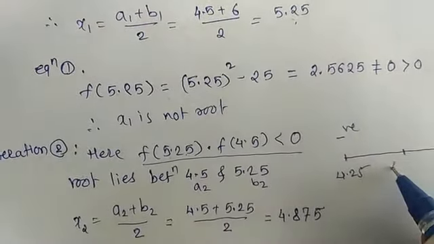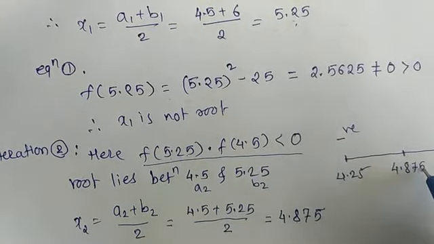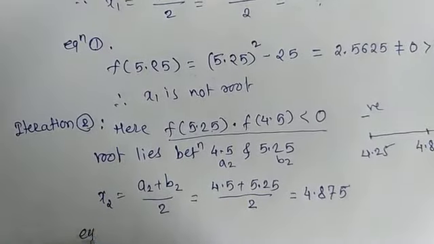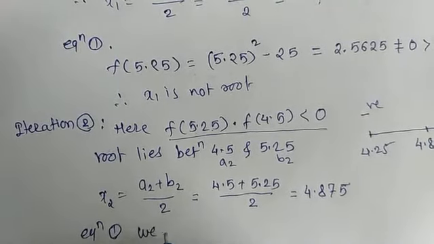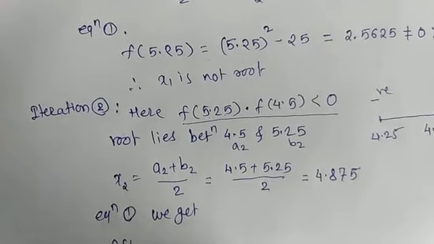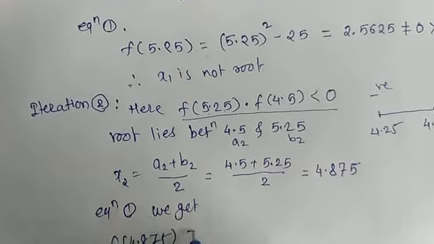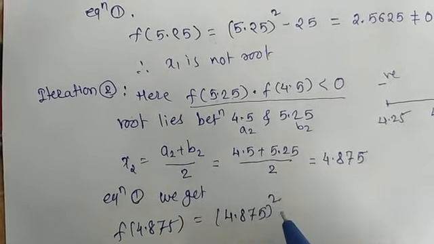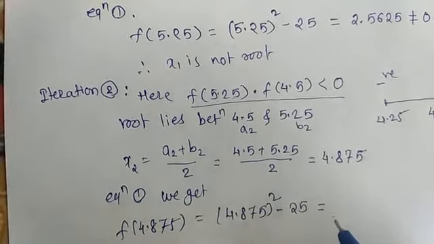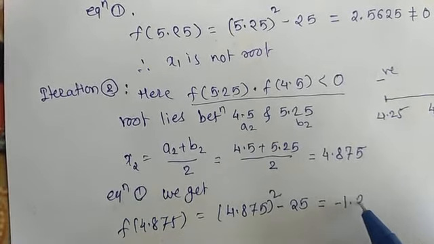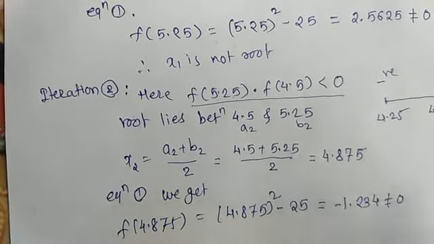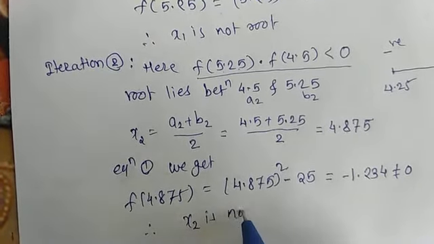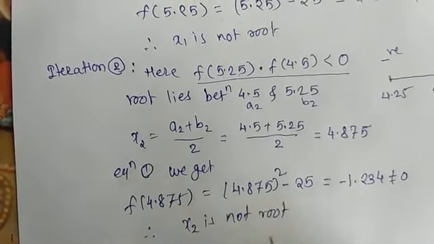So from equation 1, f of 4.875 is equal to 4.875 squared minus 25, which is equal to minus 1.234, which is not equal to 0. Therefore x2 is not a root.